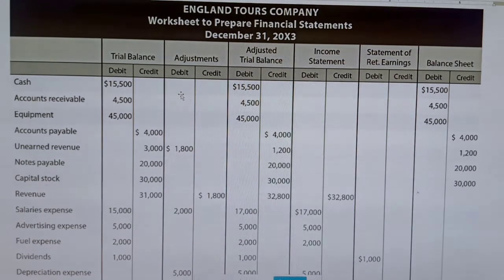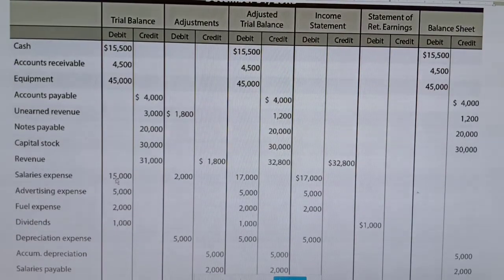Ang halimbawa naman natin dito sa ating given, yung 15,000 pesos na salaries expense, at saka yung adjustment na 2,000 pesos under ng debit column. So, dahil pareha silang nasa debit, i-add lang sila. 15,000 plus 2,000 is equals to 17,000. Nakalagay pa rin siya sa debit column. Okay? So, number 2 natin, debit plus debit is equals to debit.